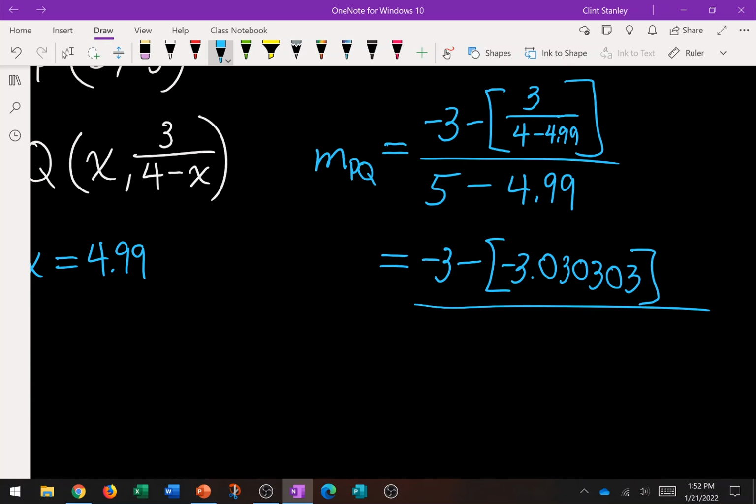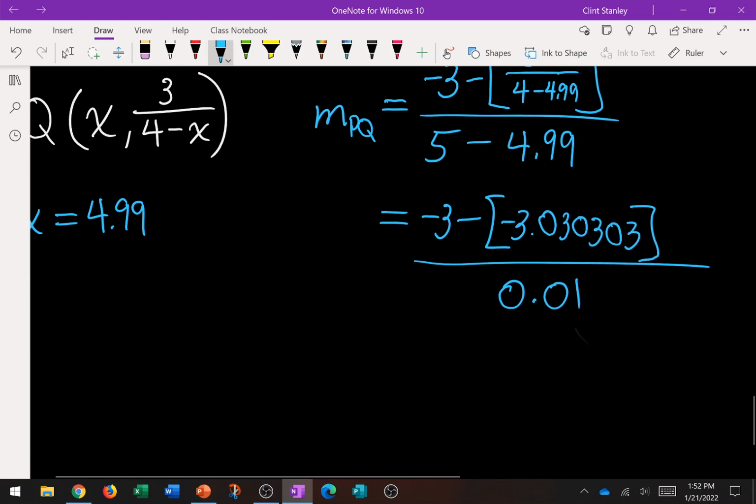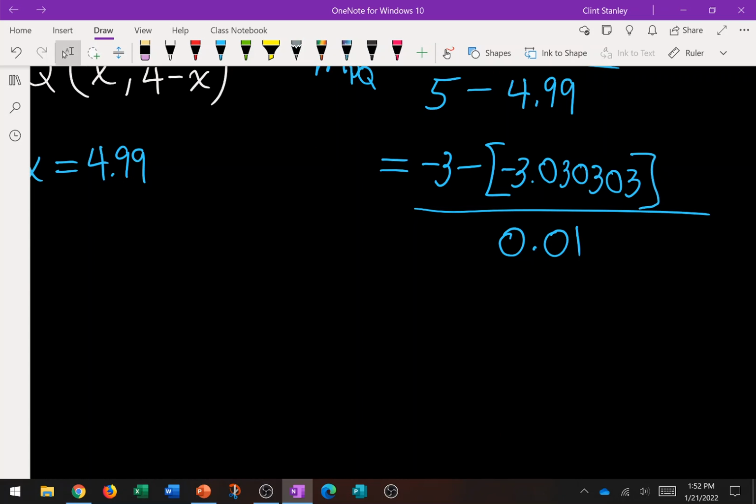And then 5 minus 4.99. That on the bottom. We figure all that out now. So -3 minus a negative, so it turns into plus 3.030303. I'm going to go ahead and add an extra 0.3 in because I know that's what it was, just to make it a little more accurate. And divided by 0.01. Yeah, for the slope.